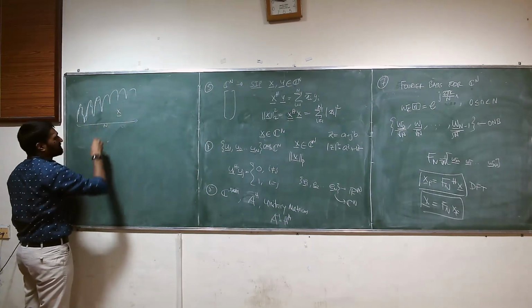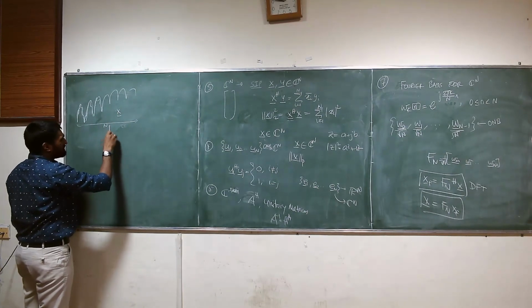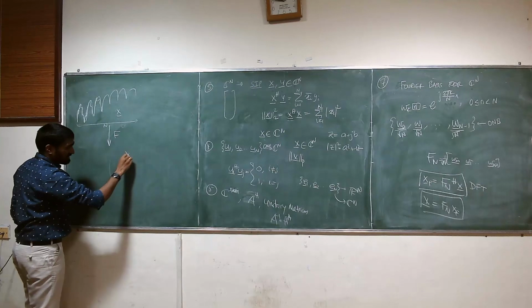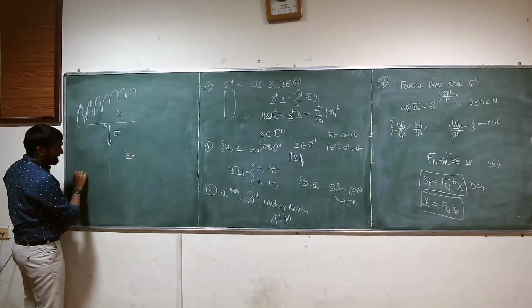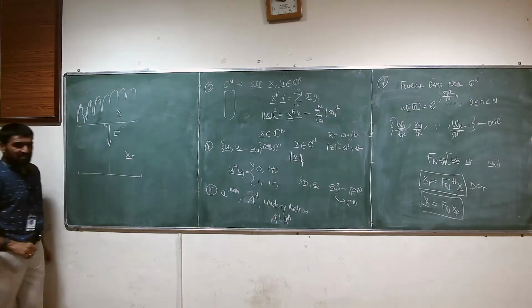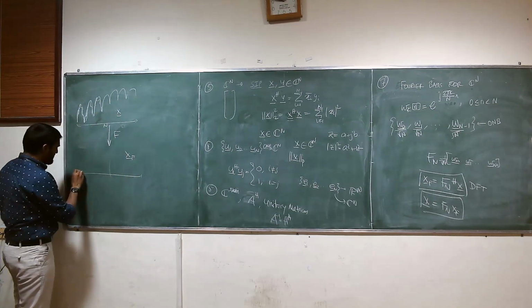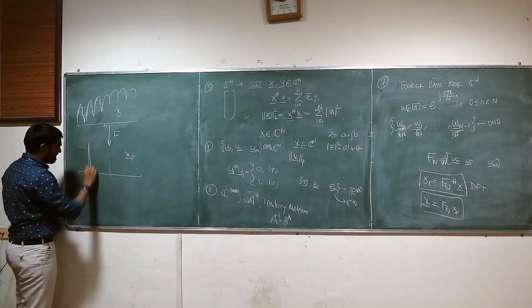This was your x. When we found the representation of this in the Fourier basis, we got the representation xf, which was also of length n. After we removed the mean, it had a representation like this.